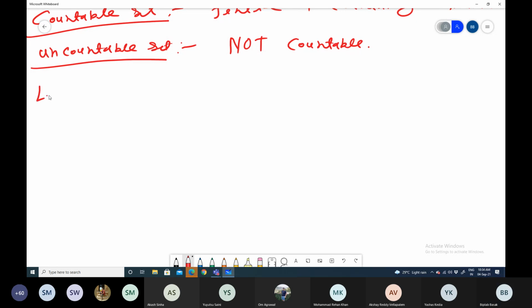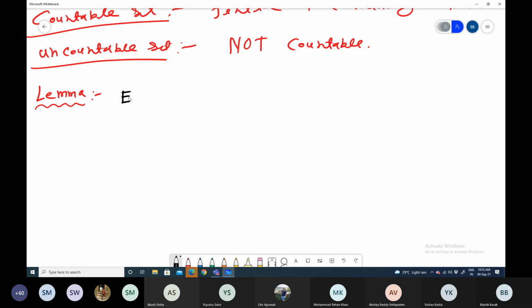Fine. Now we have a simple lemma. It says that if you have an infinite subset of natural numbers, that one is always countable. That means if you take any subset of natural numbers, that is always countable.